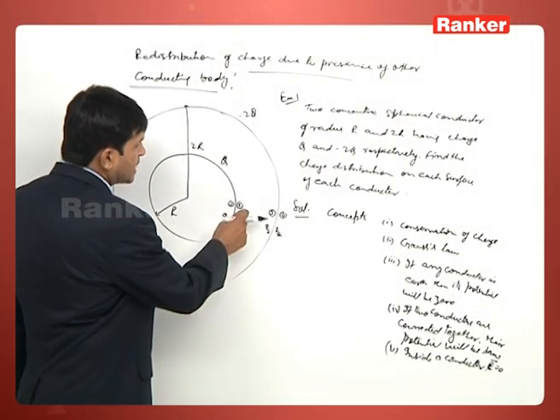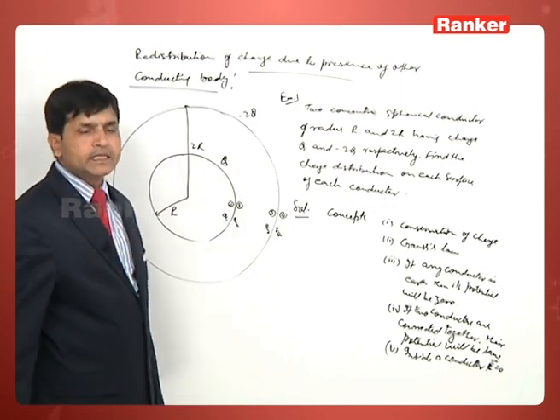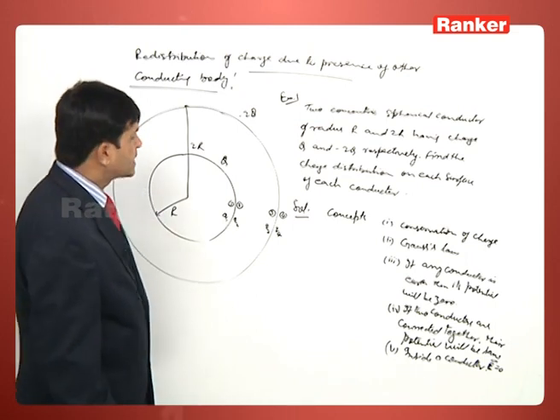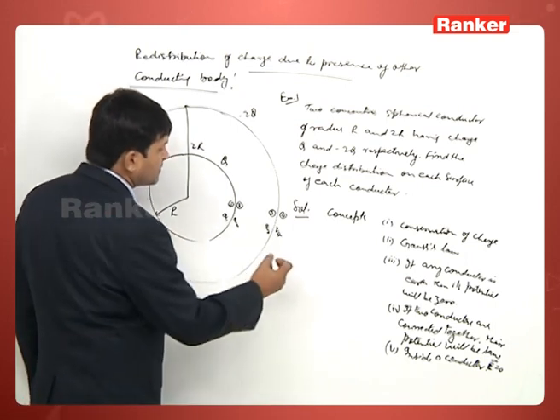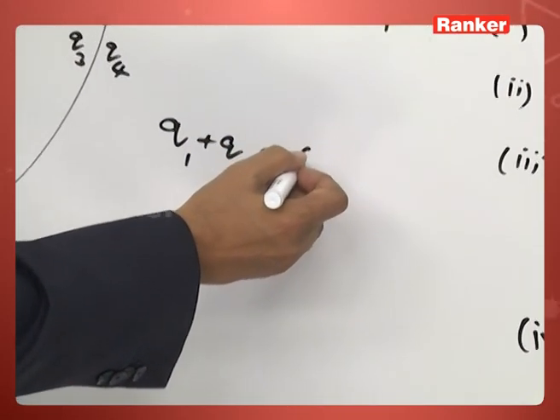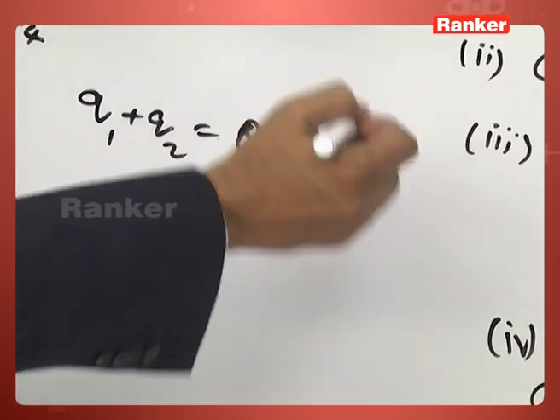So whatever charge we have given, that will remain constant. Okay, it can redistribute between inner and outer. That is another point. So first equation we can say Q1 plus Q2 is equal to initial charge Q.